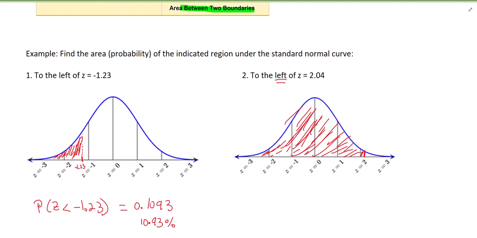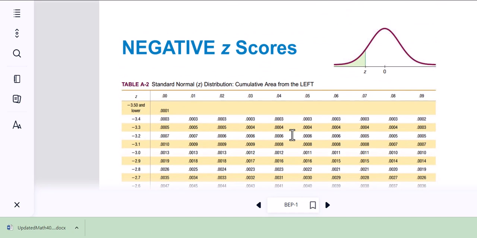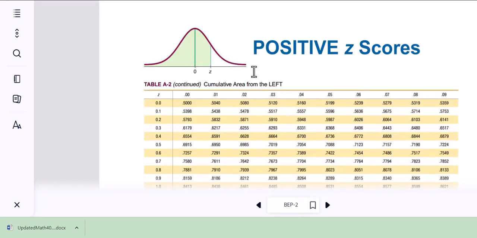So let's go to the table. And notice that this is giving me just negative z-scores, and it does tell me here negative z-scores. So go to the next page. Click on the next arrow. And now notice I have positive z-scores. Pay attention to the graph. It still says z and the left is shaded, so it is still giving me the area to the left.